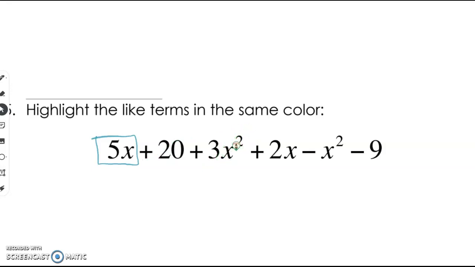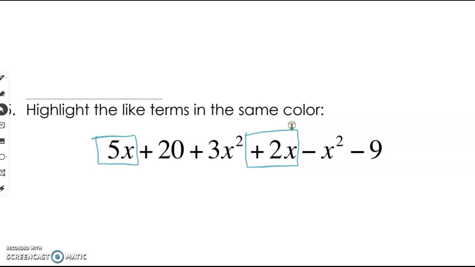The power here is 1. Here is a like term, so I'm going to draw a box on that plus sign as well. The term and the operation in front of it are all included in the same box.